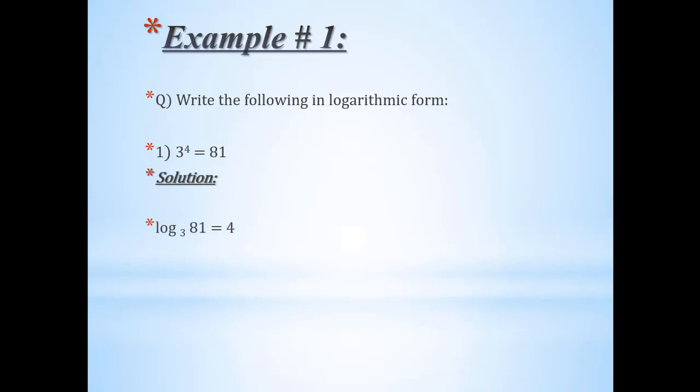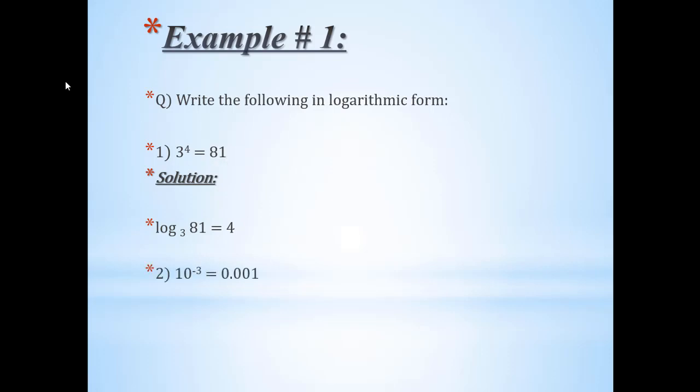You have to place the base under the logarithm and place the number of which the log you are going to calculate, and the power or the exponent will be shifted on the right hand side. Okay, so this is the logarithmic form for this exponential form.